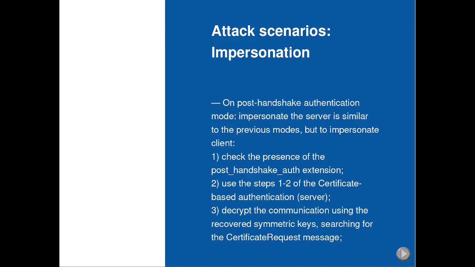First, check the presence of the post-handshake auth extension. Then, use steps 1 and 2 of the certificate-based authentication, which is the first TLS mode. Third, decrypt the communication, using the recovered symmetrical keys, searching for the certificate request message.